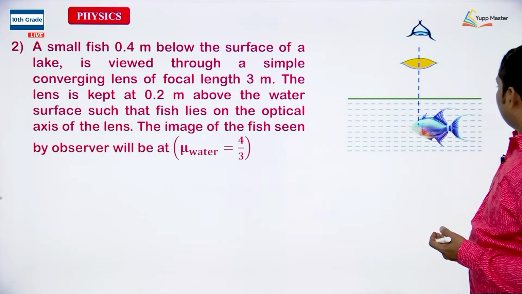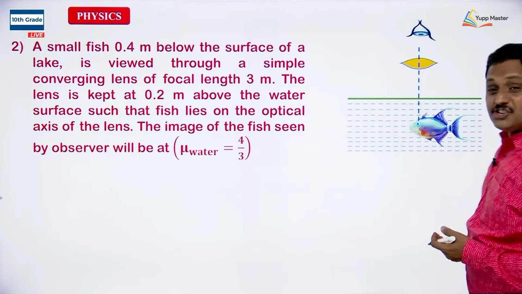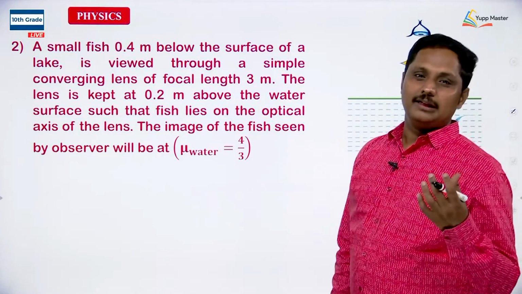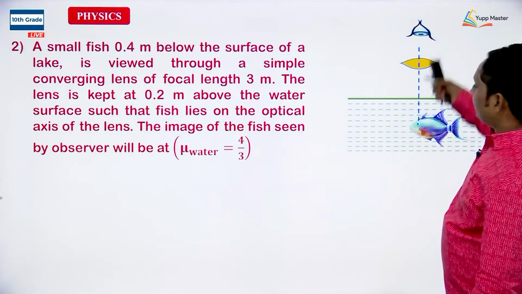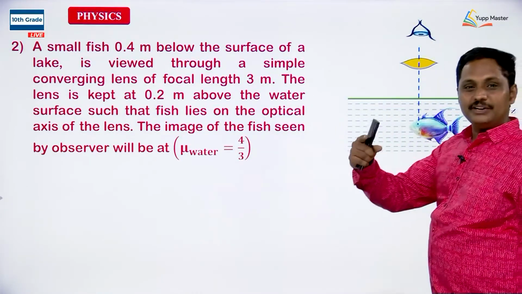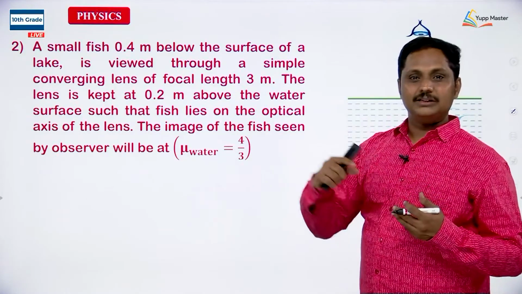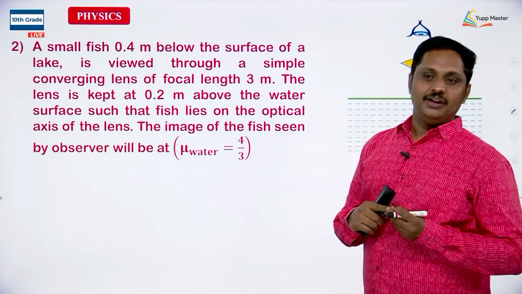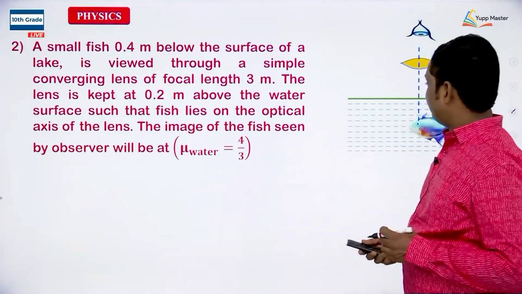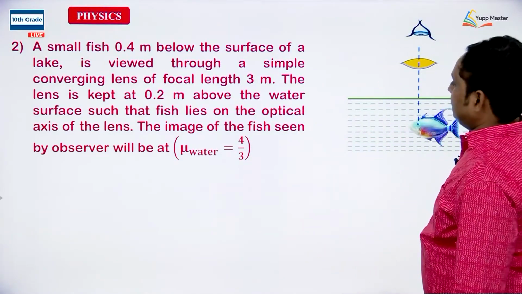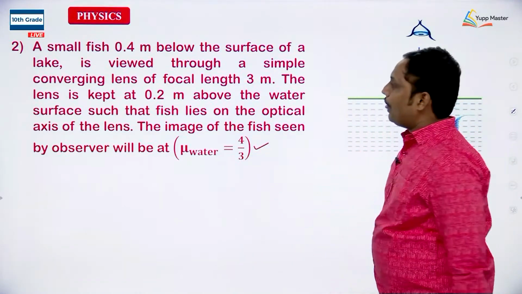The image of the fish is going to be calculated. Suppose you observe through this angle, you have to calculate the image distance, where the image has been formed. This is very clear, and they have given the refractive index of water also.